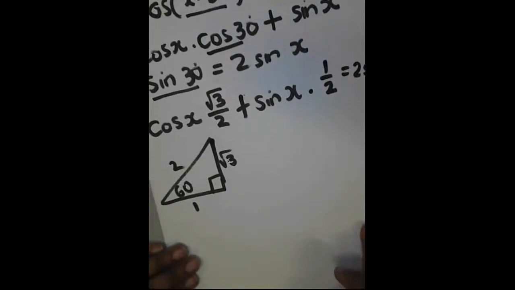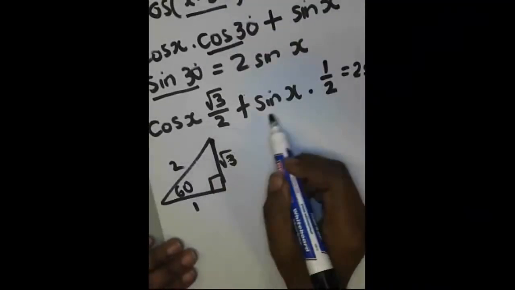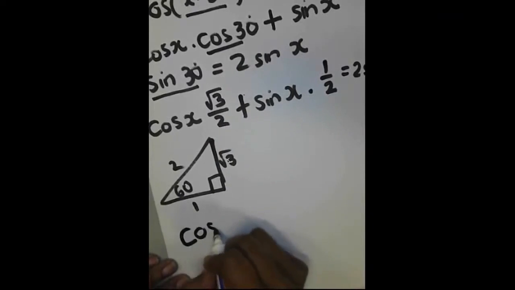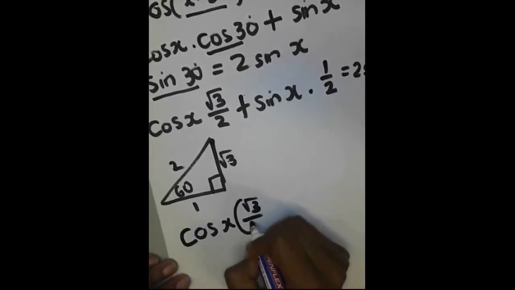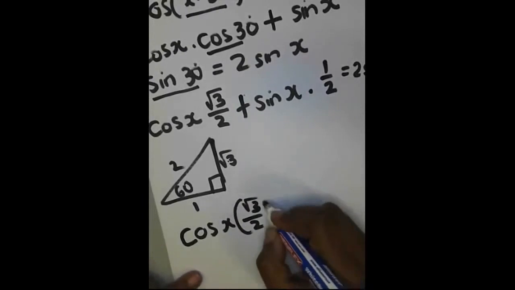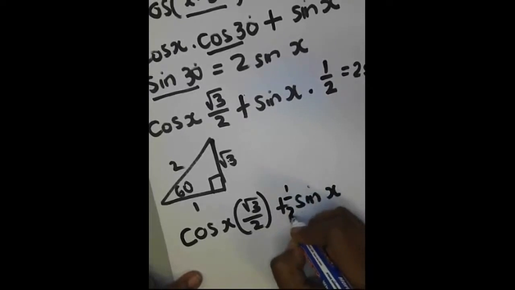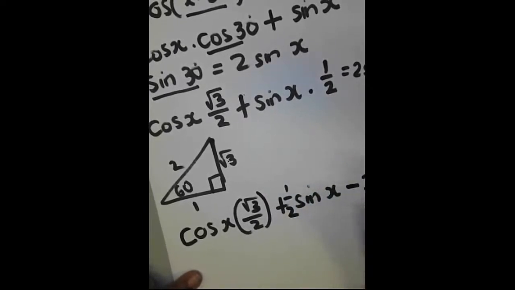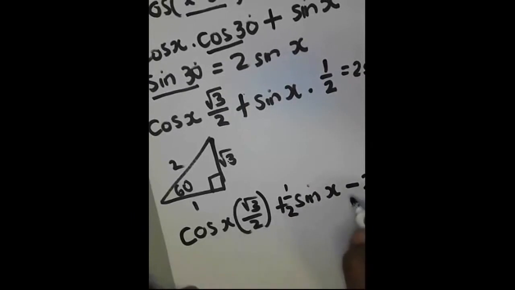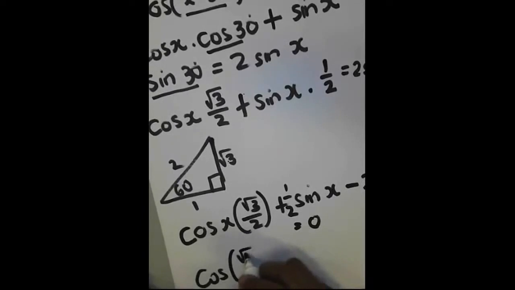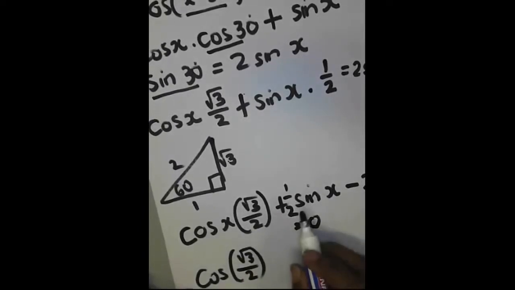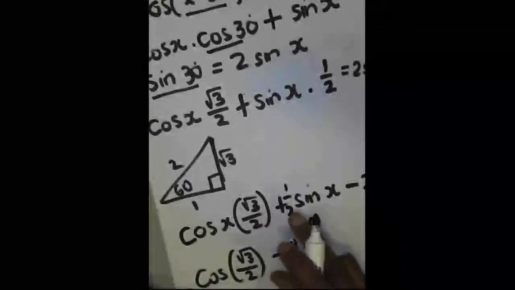So what do I have now? Now I can simplify. So cos x times square root of 3 over 2 plus half sin x minus 2 sin x is equal to 0. This is minus, so this is going to give me minus 3 over 2 sin x, because I've got a half here, equal to 0.